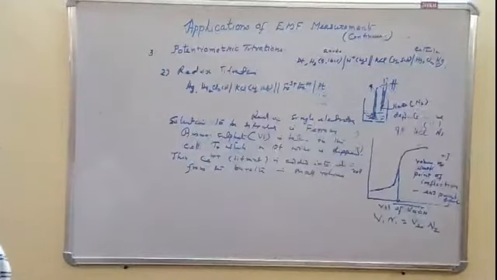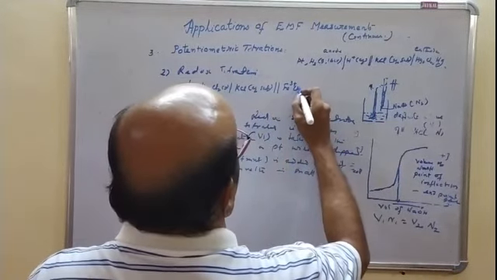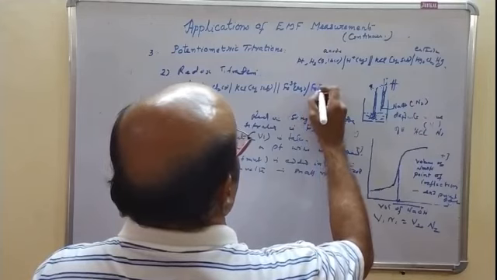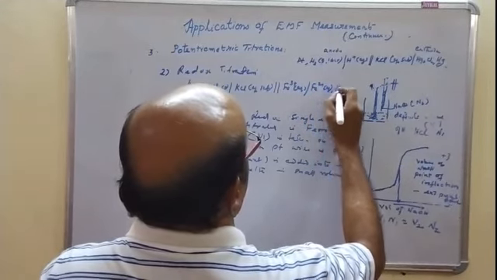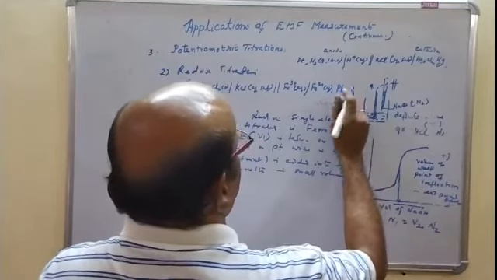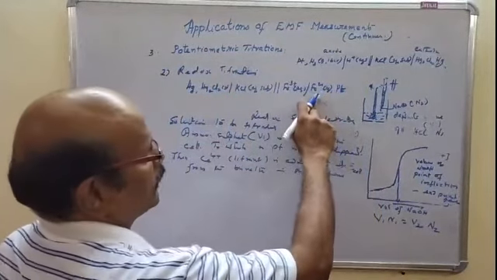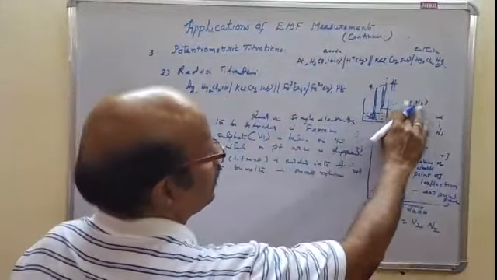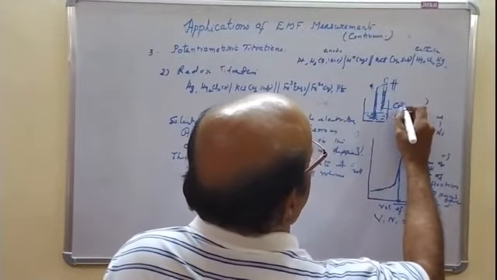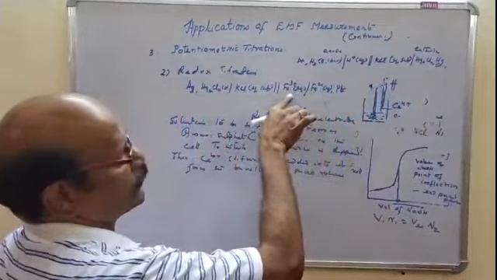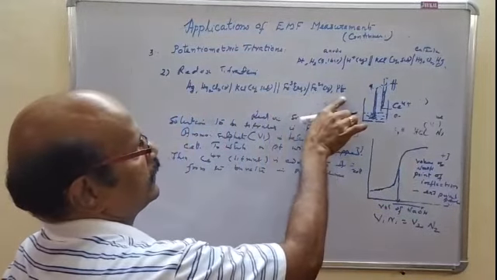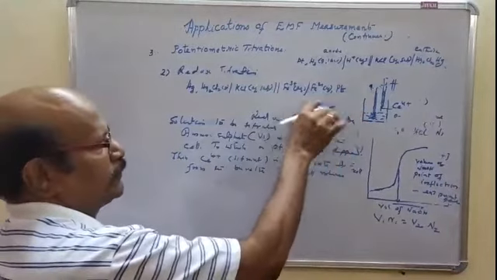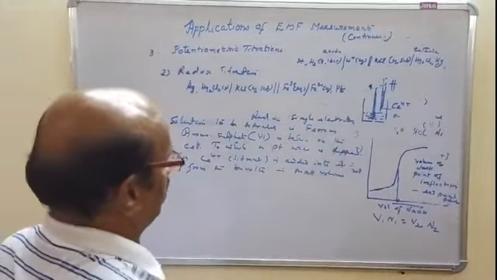Actually we have a solution of ferrous iron, ferrous ammonium sulfate, in contact with the platinum, to which we are adding ceric sulfate from the burette, so that ferrous is converted to ferric, and thus we have a platinum redox electrode containing ferrous and ferric.